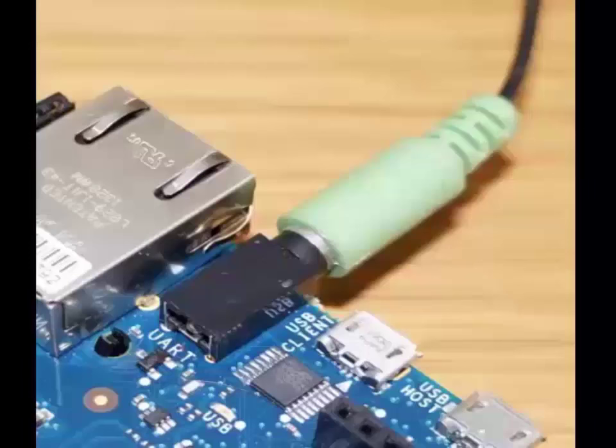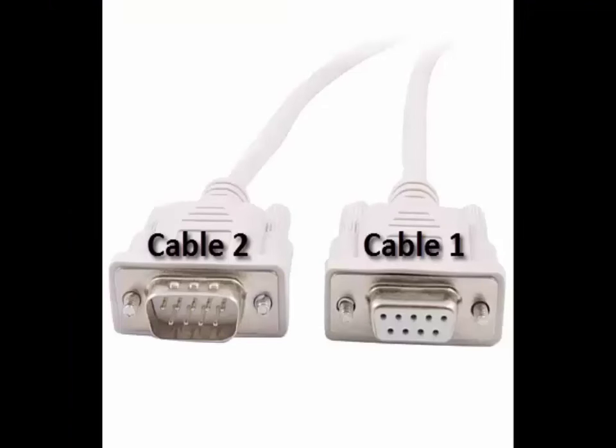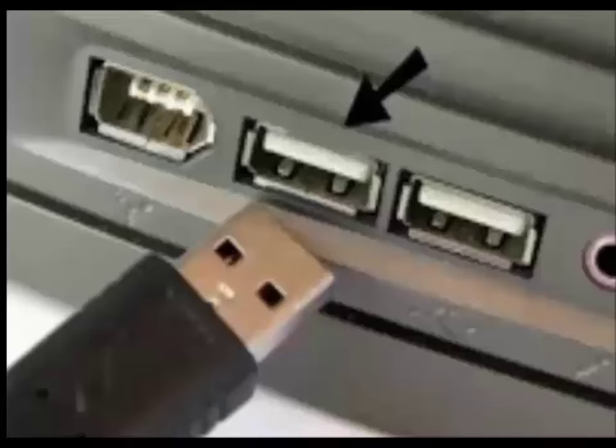We will now connect the 3.5 mm head of cable 1 to the 3.5 mm jack on the Galileo board. Now connect the RS-232 DB9 male end of cable 2 to the RS-232 DB9 female end of cable 1. Now connect the USB end of cable 2 to the USB port in the system.